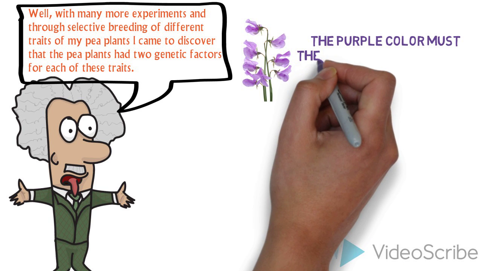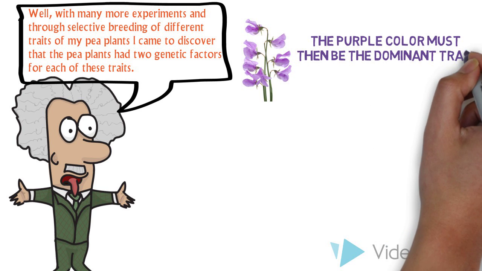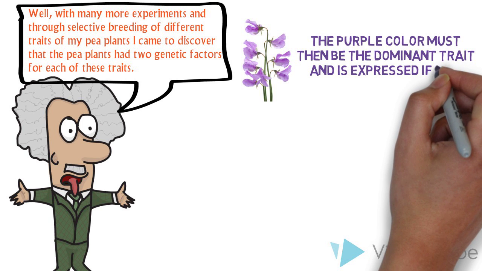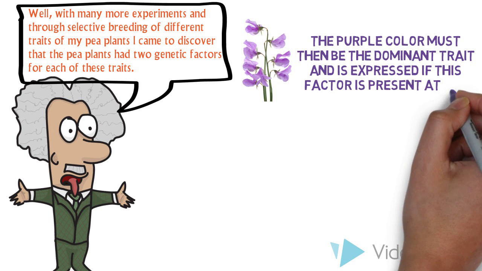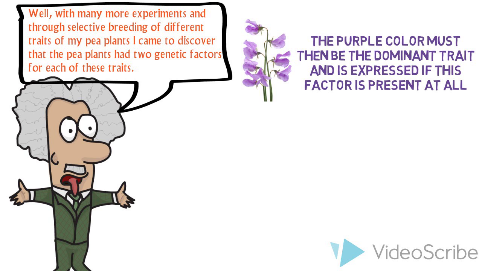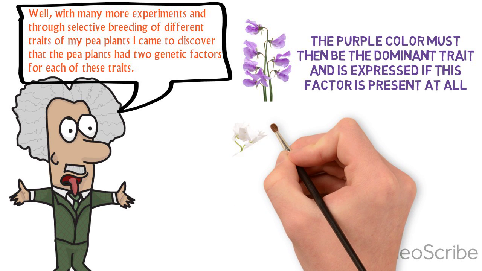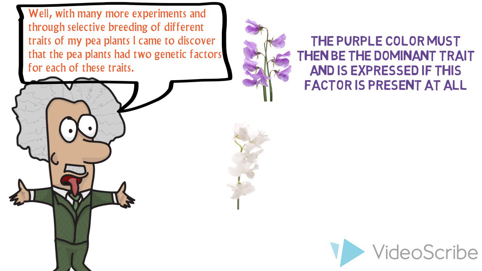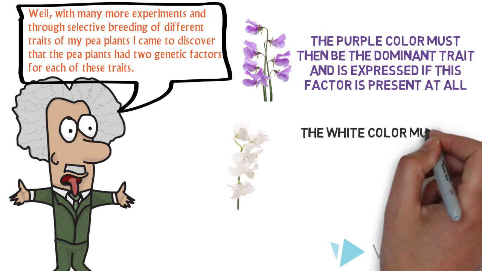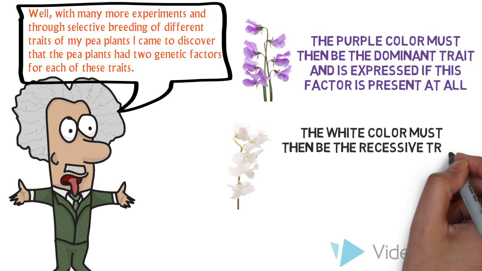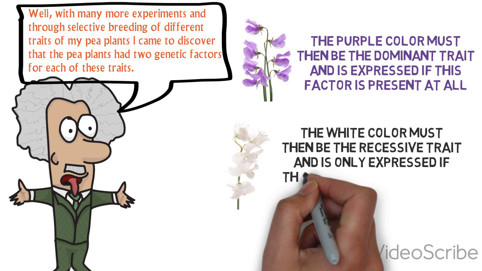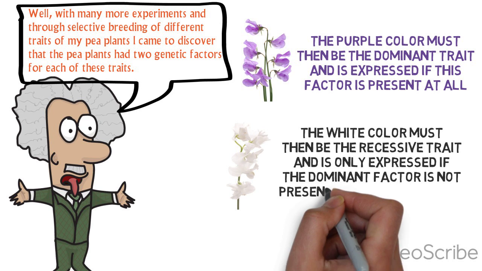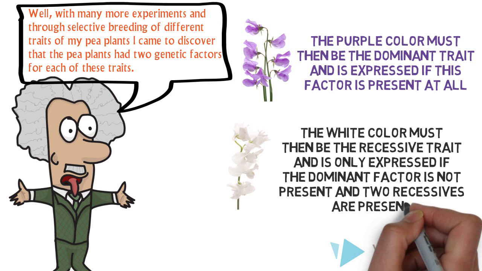This trait is expressed if the factor is present at all. The white color, then, must be a recessive trait. The white recessive trait is only expressed if the dominant factor is not present. Therefore, 2 recessives must be present to get a white.